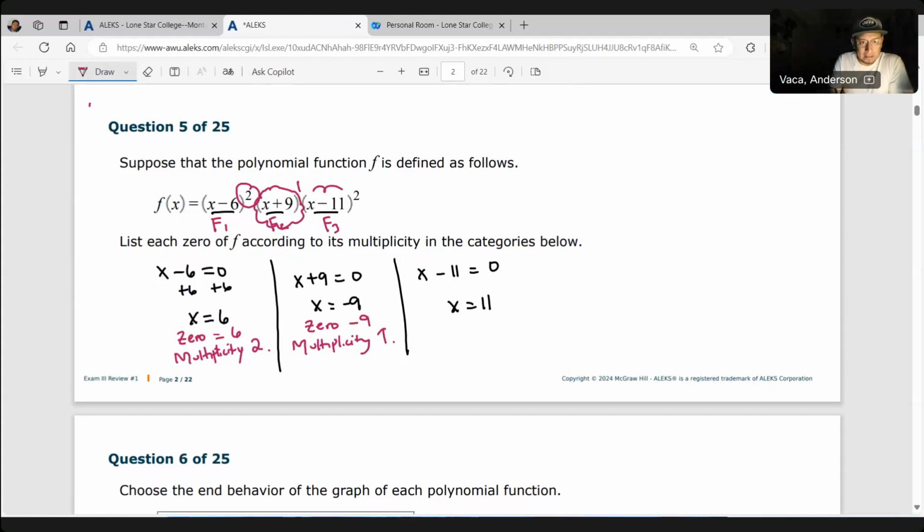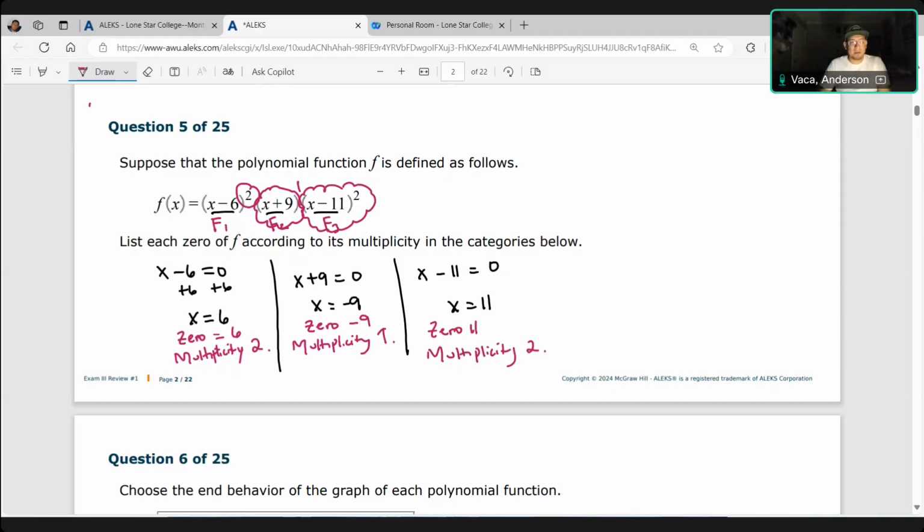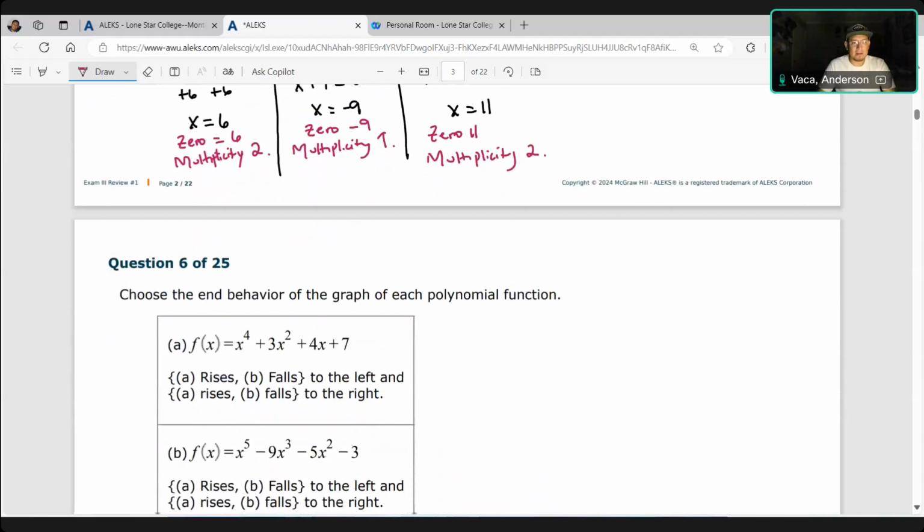When we look at the last factor, x minus 11 squared, the zero 11 has multiplicity 2. In other words, it's repeated 2 times.